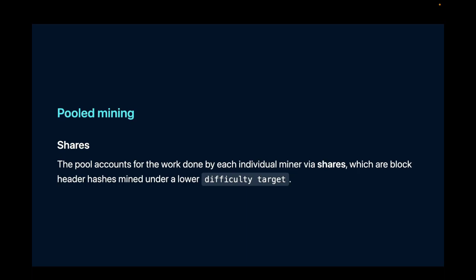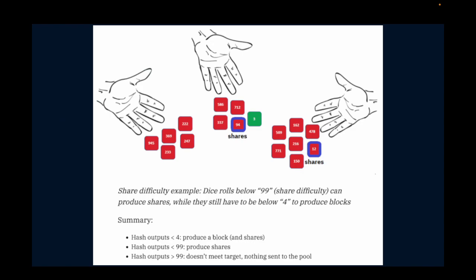They're not valid blocks under the eyes of the entire Bitcoin network, but they are valid blocks under a different difficulty target. So we have this visual representation here, which, I mean, we're making some analogies here just to explain the concept of shares in an easier way to understand.